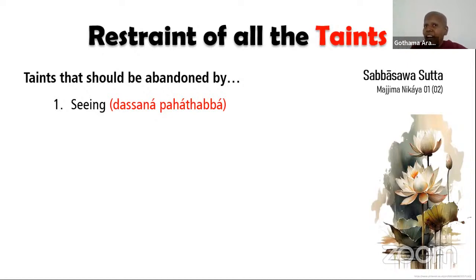Seeing means seeing with your eyes or seeing with your wisdom, wise attention. Seeing refers to wise attention. So we talk about the nature of anicca, dukkha, and anatta. That is included in the section of seeing.